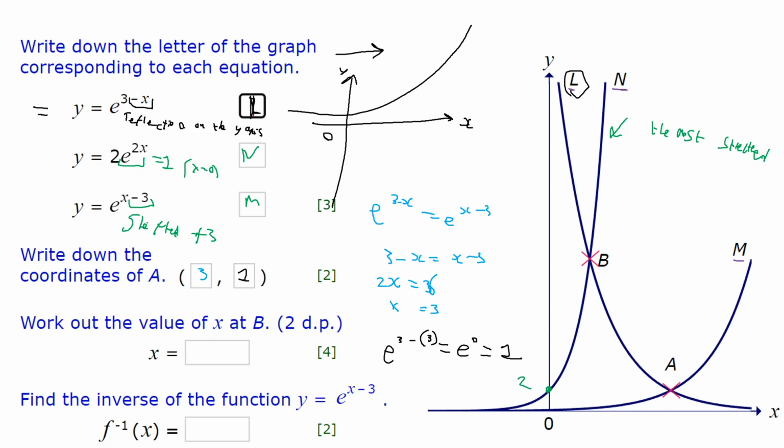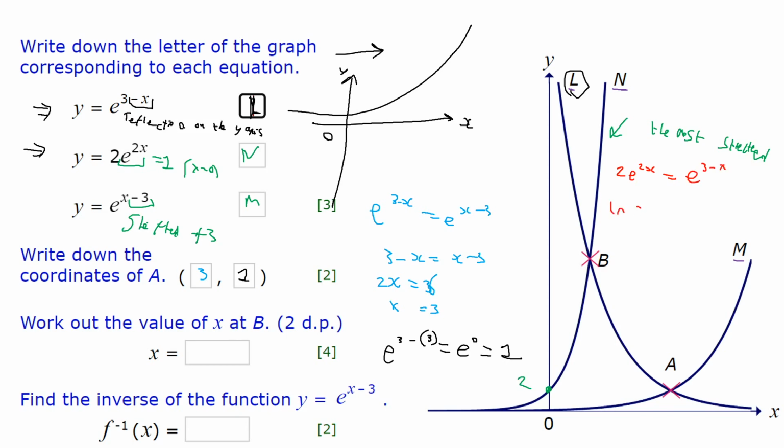This is where it's L and N. So again, let's equate them. I am running very low on space. Apologies, guys. So for this one, we can't use the same logic because we have a 2e to the 2x. So that's where we use our logarithms. 2e to the 2x is equal to e to the 3 minus x.